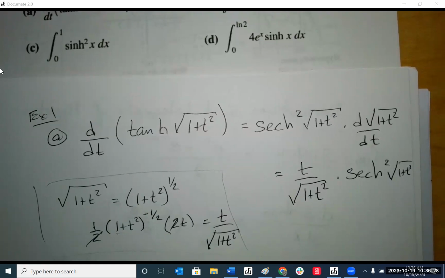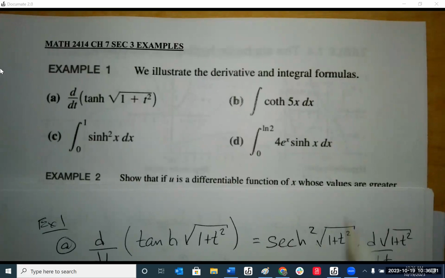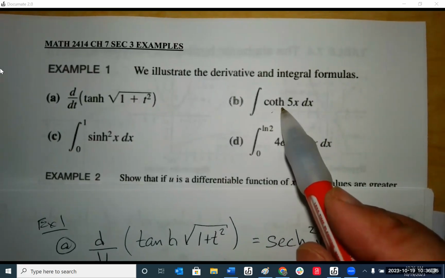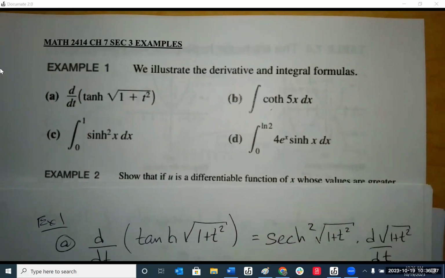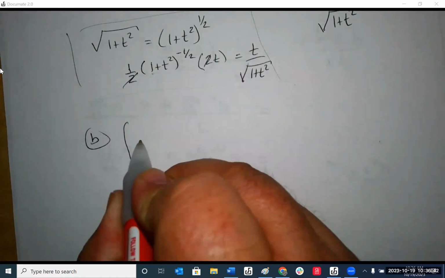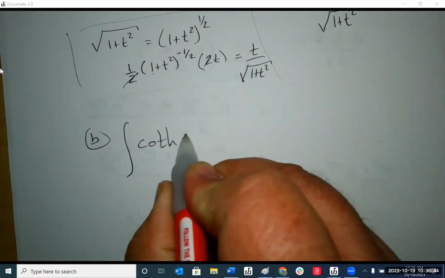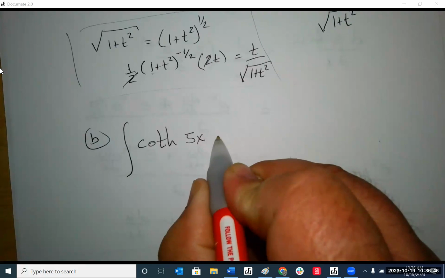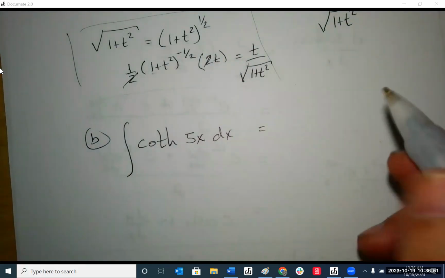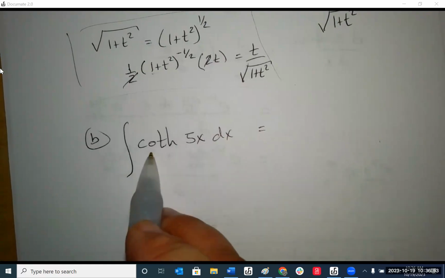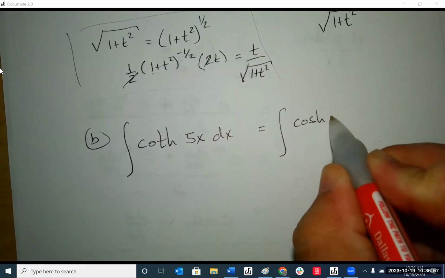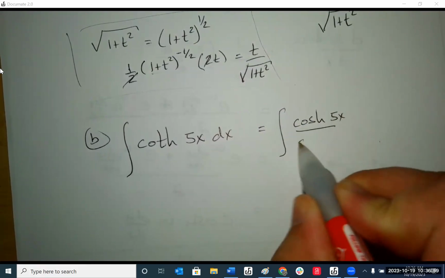Okay, let's look at B. B is asking for the open integral of the cotangent hyperbolic of 5x dx. So the integral of the cotangent hyperbolic 5x with respect to x. Cotangent is cosine over sine.